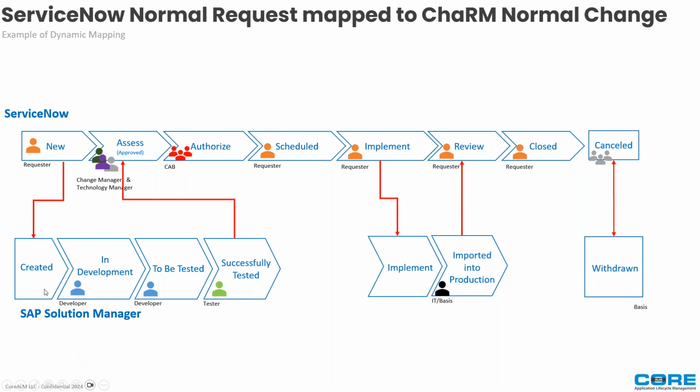What's also important to note is that for every step that Charm advances, for example going from created to in development to to be tested, any of these statuses are also going to be reflected in ServiceNow.